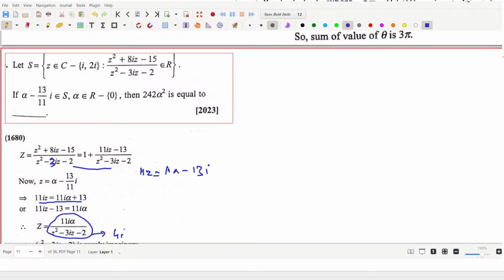So we do synthetic division: 1, 2, 2, 1 with minus 1. 1 into minus 1 is minus 1, 2 minus 1 is 1, 1 into minus 1 is minus 1, 2 minus 1 is 1, 1 into minus 1 is minus 1, and the remainder is 0. So x plus 1 into x square plus x plus 1 should be equal to x cube plus 2x square plus 2x plus 1. Understood? We have done synthetic division here.